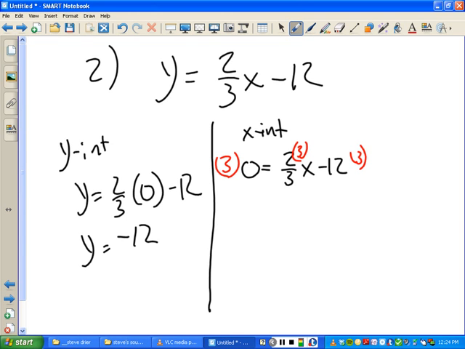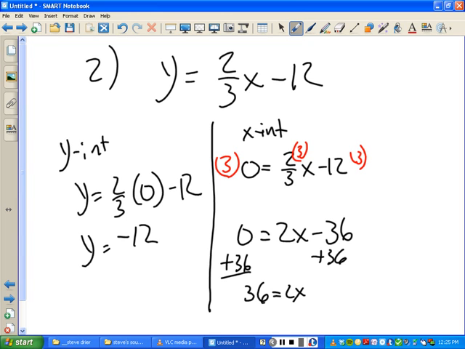It's 0 equals 2x minus 36. Now, you'll add 36 to both sides. You'll get 36 equals 2x. Divide by 2, and x is equal to 18.